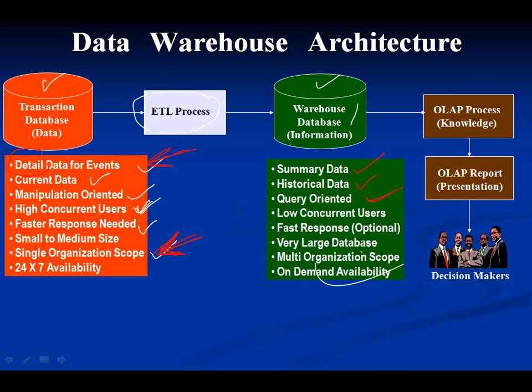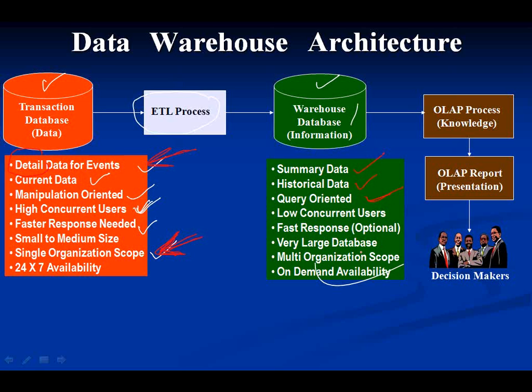And how can you say the scope of the data is multi-organization scope? Multi-organization means if the organization is in different locations or different parts of the country, then all together they will bring it together and analyze it. So the scope of the database will be multi-organization, under the same business, the same management.